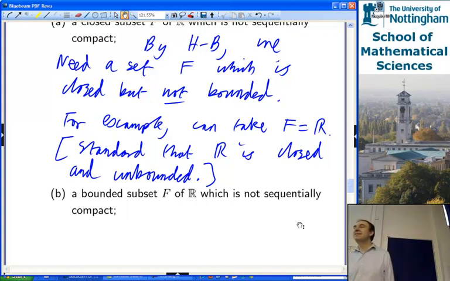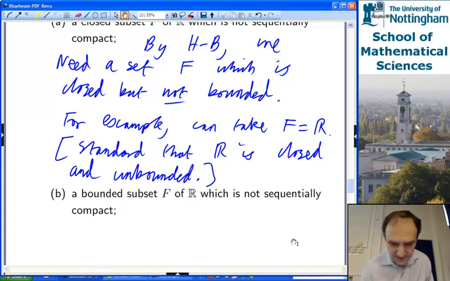So what have we got to avoid? It's bounded and we don't want it to be sequentially compact, so what mustn't it be? Well, if it's closed and bounded, we've had it, so it mustn't be closed.